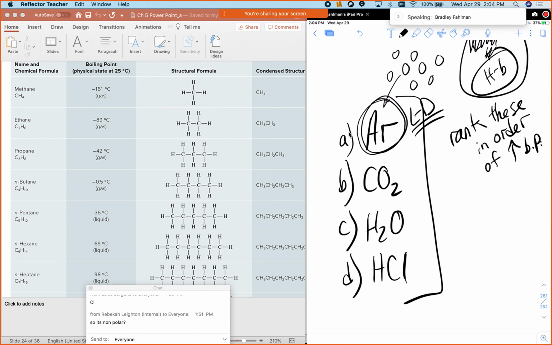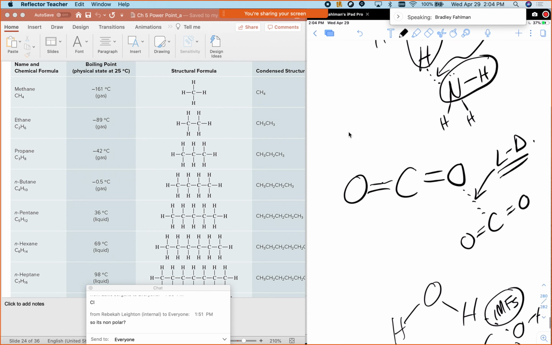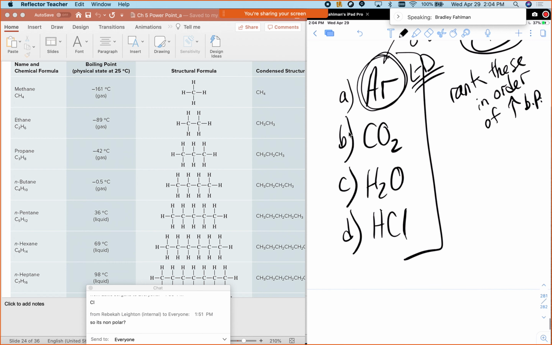And then CO2, we did that above, right? That is nonpolar, so therefore London dispersion. Water is polar, very polar, and it has an OH involved, so that would be hydrogen bonding. And then this is polar, and it doesn't have an H connected to an O, N, or F, so that's just dipole-dipole.